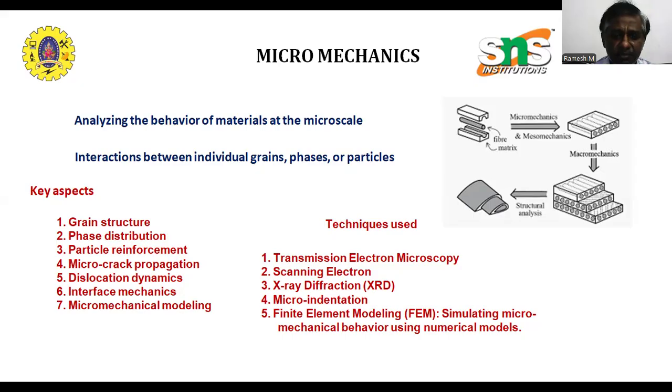Predicting material properties based on microstructure is called property prediction. Optimizing the material processing and properties is called optimization. Linking micromechanics to the macroscale level of material behavior is called multi-scale modeling. These are the applications of micromechanics.